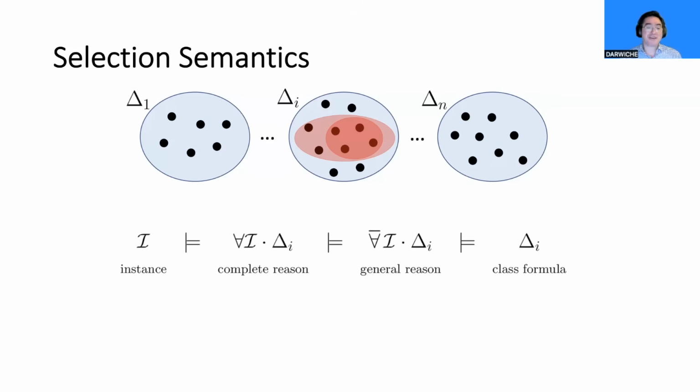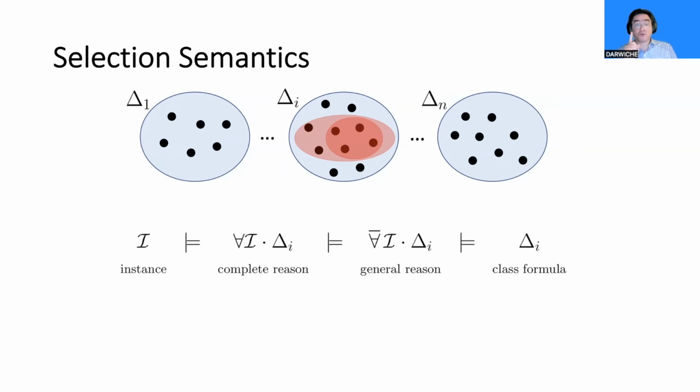Now we have this, which establishes these notions of complete reason and general reason as abstractions of the instance. So this is the instance, this is the class formula, this is an abstraction, this is an even further abstraction, and you have this wonderful, nice relationship between them.